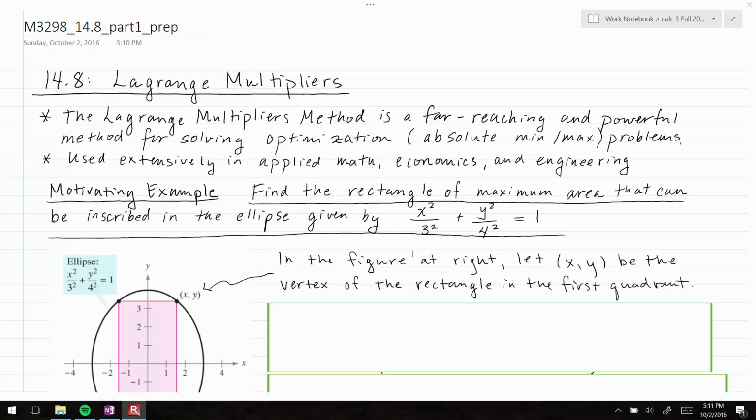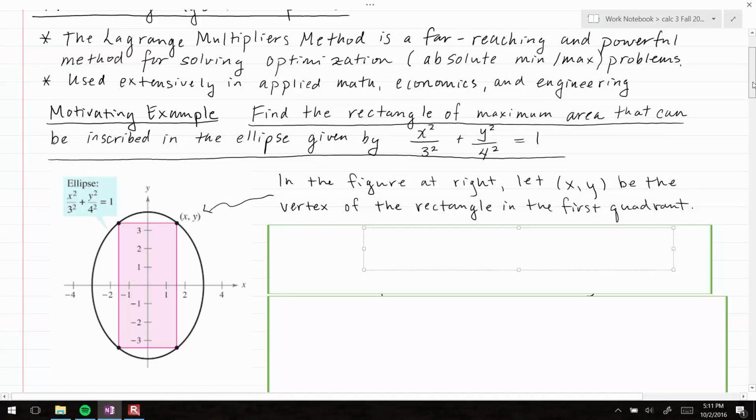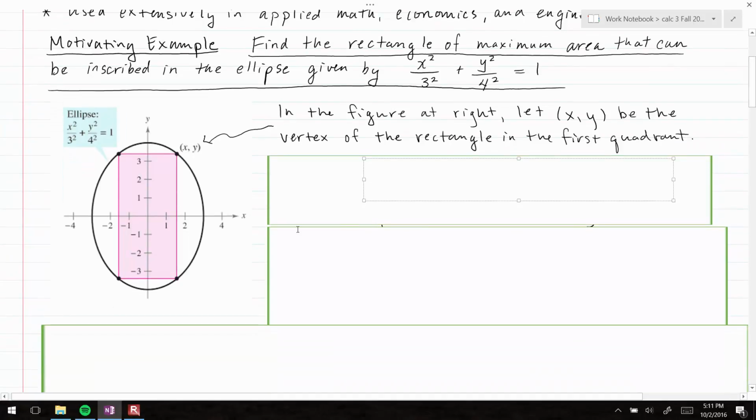And we'll get started. Find the rectangle of maximum area that can be inscribed in the ellipse given by x squared over 3 squared plus y squared over 4 squared equals 1. And so the picture of that is given here. And so notice this is our ellipse described by this equation.